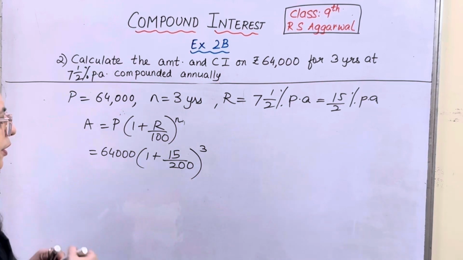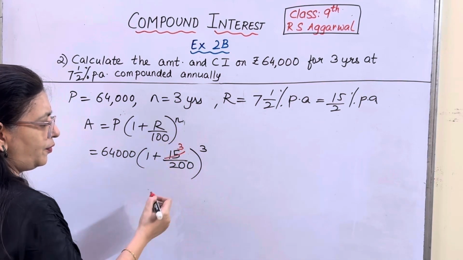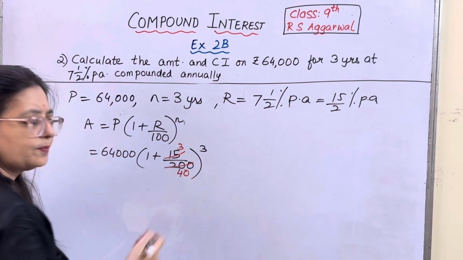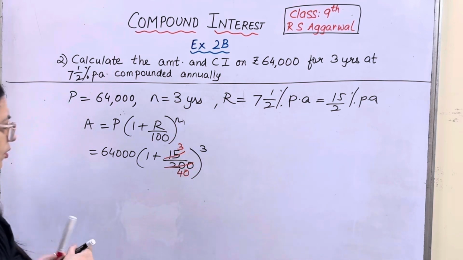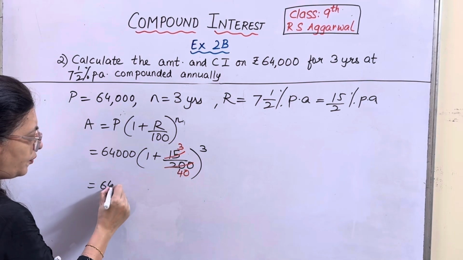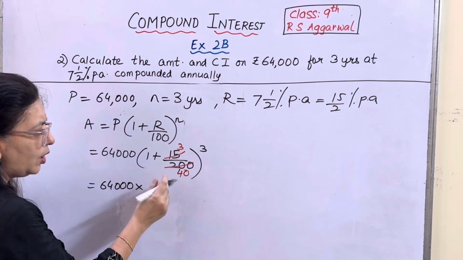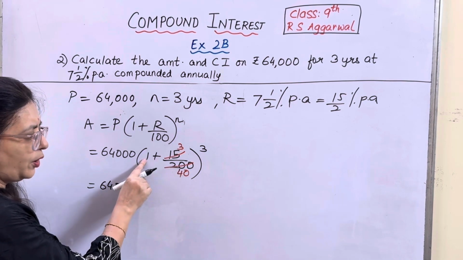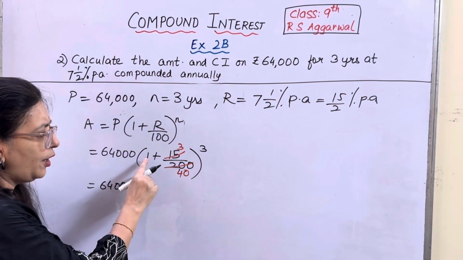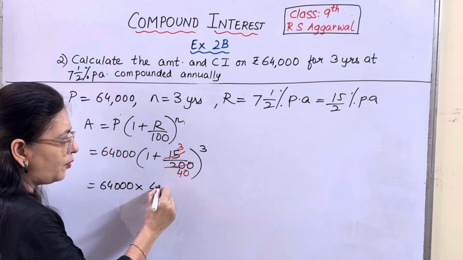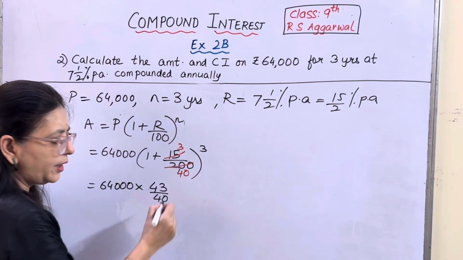Now you can reduce it. 5 3s are 15, 5 40s are 200. Now it is 64,000 into, now you will take the LCM: 1 into 40 is 40, 40 plus 3 will become 43 upon 40.